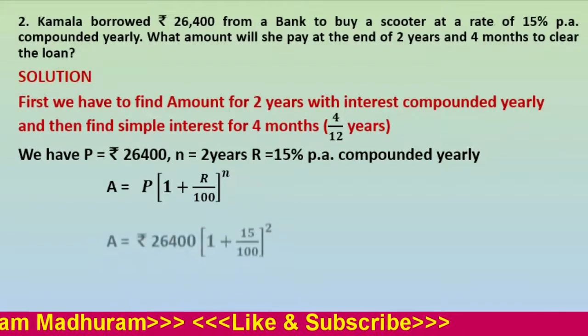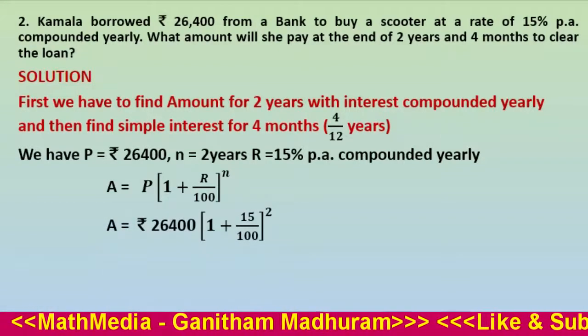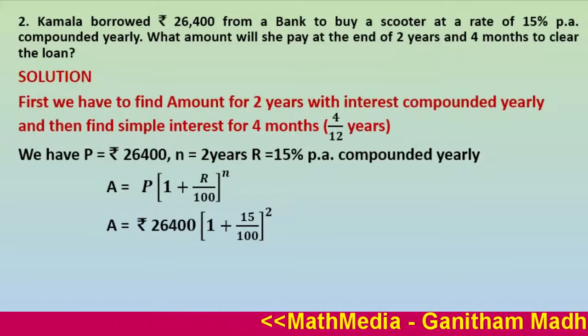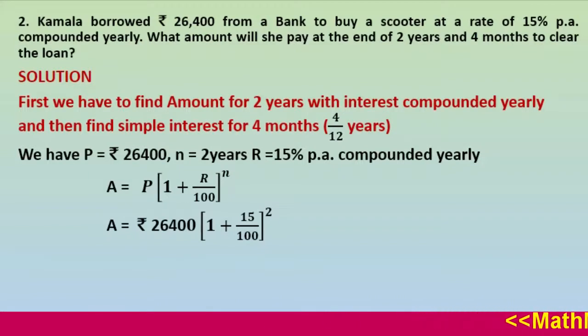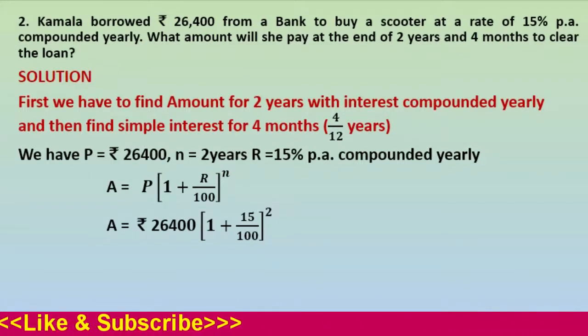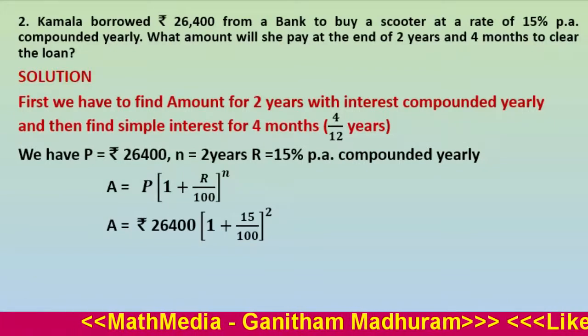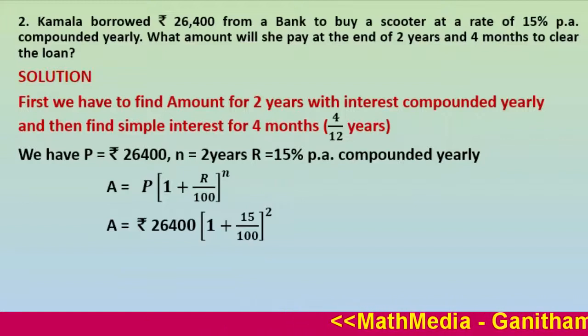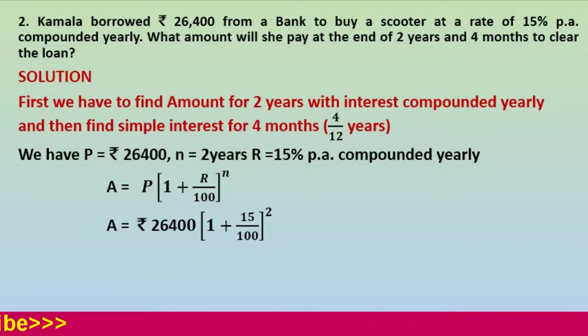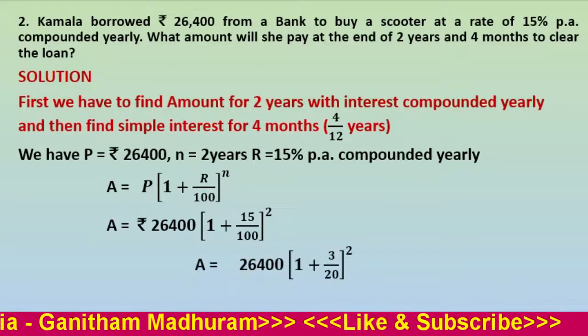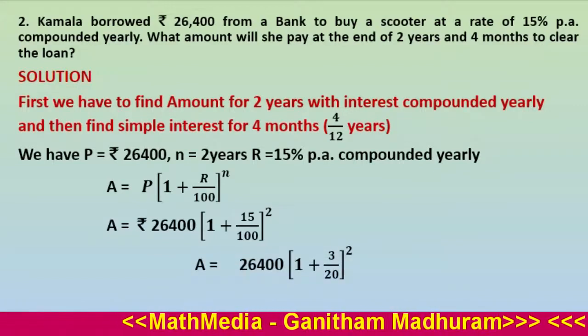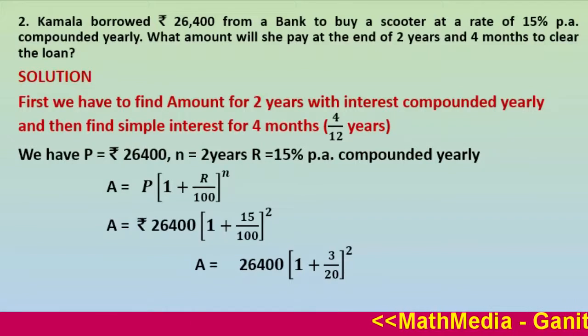So substitute the values over here, 26,400 into 1 plus 15 upon 100 whole raised to 2. 15 and 100 can be cancelled by 5. So we get 3 upon 20. So amount A equal to 26,400 into 1 plus 3 upon 20 whole squared.